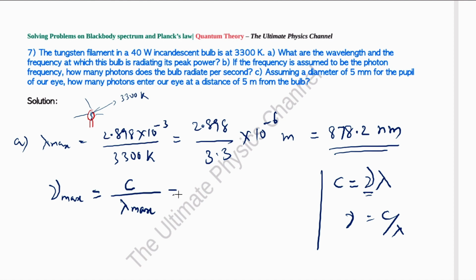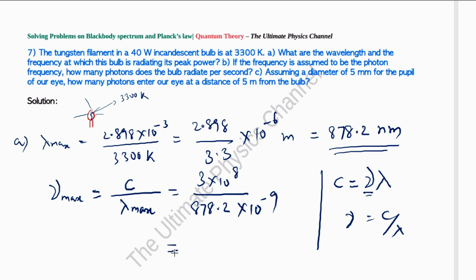So 3 into 10 power 8 is the speed of light I am taking, roughly, over this lambda max that we have calculated, which is 878.2 times 10 power minus 9.